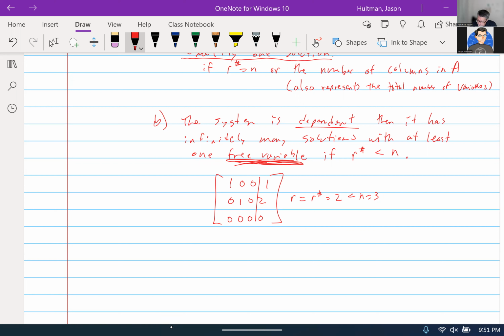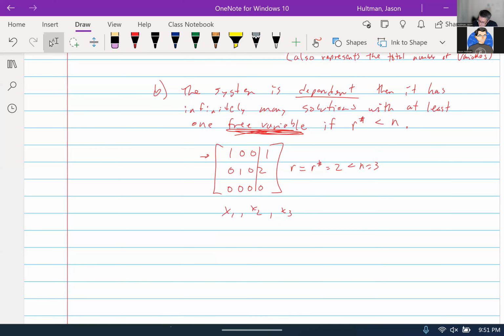If we look at our first two rows here, and the variables that I'm working with are x1, x2, and x3, and I were to write out the solution, it would be 1x1 plus 0x2 plus 0x3 is equal to 1. And so this locks in what x1 is. x1 would have to be 1.